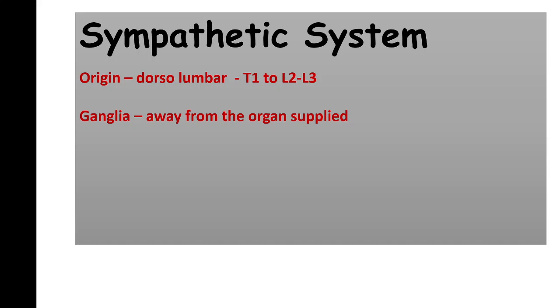So preganglionic fiber and post ganglionic fiber. So in case of sympathetic system, post ganglionic fiber will be long because ganglia are away from the organs. So in case of sympathetic system, post ganglionic fibers are long.